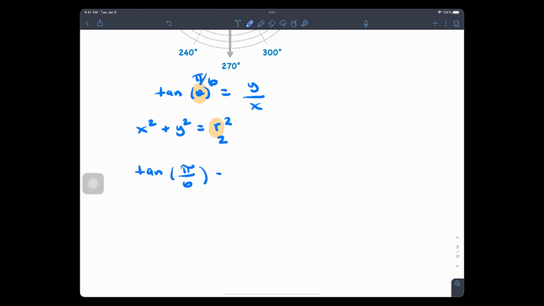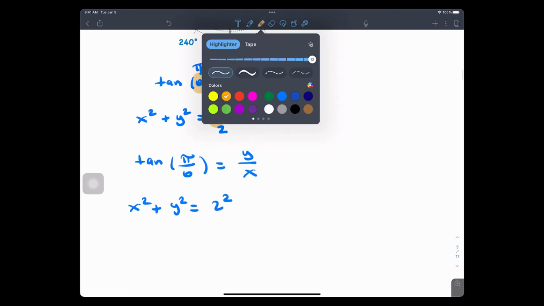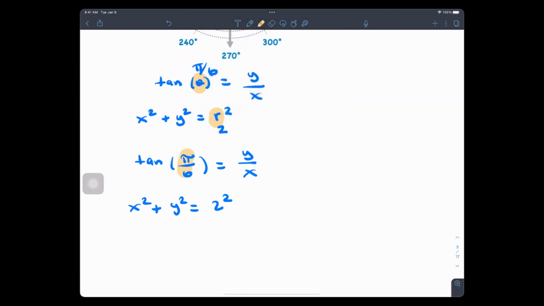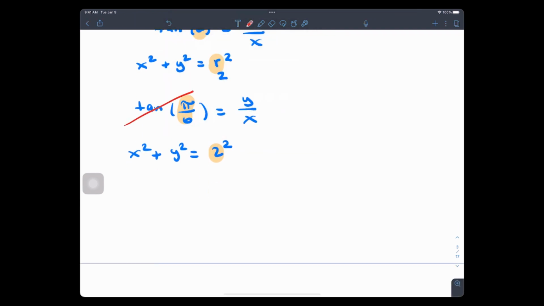Tangent pi/6 is y over x. And then the other equation gives you x squared plus y squared equals 2 squared. Okay, so you substituted these values in here. All right, so far so good? So you say, okay, well, what is tangent of 30 degrees? Does anybody know what tangent 30 is?